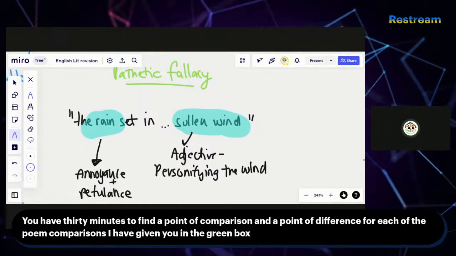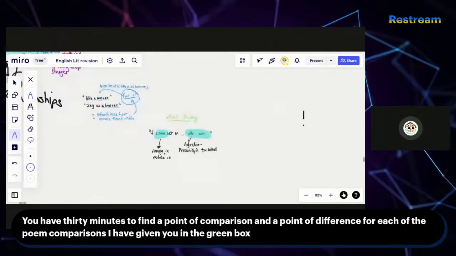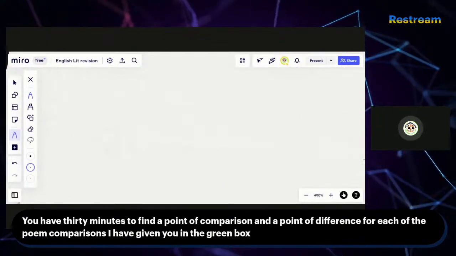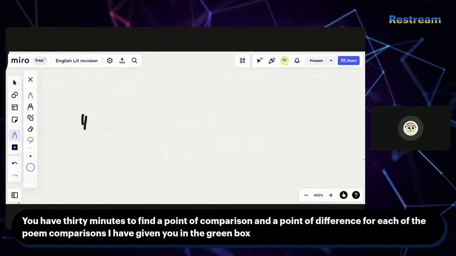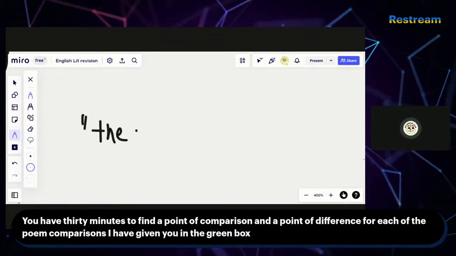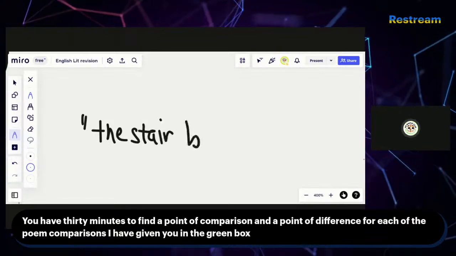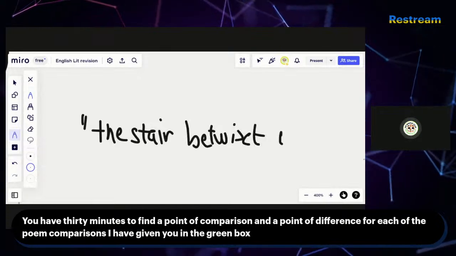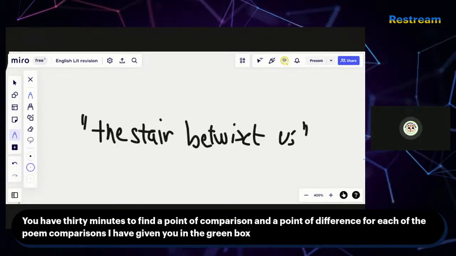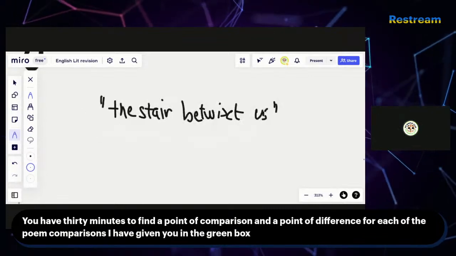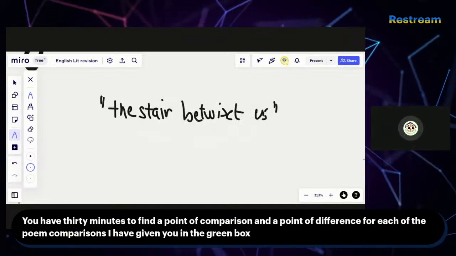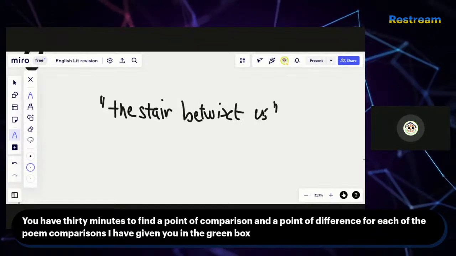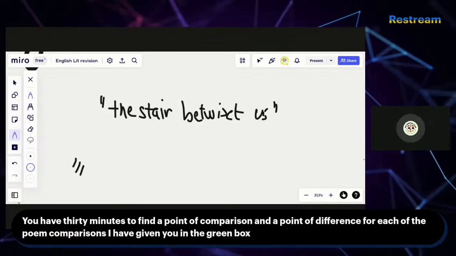And one more thing that we can use to compare Farmer's Bride and Porphyria's Lover is that in Farmer's Bride, he is open about the failure of the sexual relationship when he says the stare betwixt us. So in Farmer's Bride, the narrator is open about the failures and how he yearns for that sexual relationship. Whereas in Porphyria's Lover, he tries to convince not only the reader but himself of otherwise. He says, when glided in Porphyria.